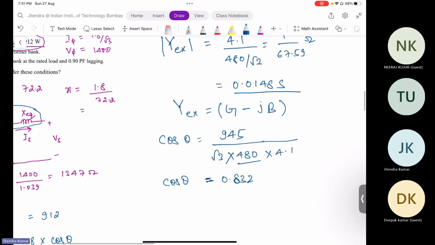Okay, so now we have this theta angle. The angle is 33.686.